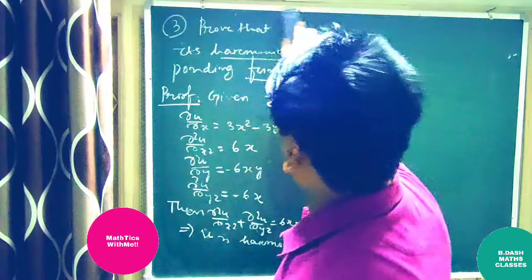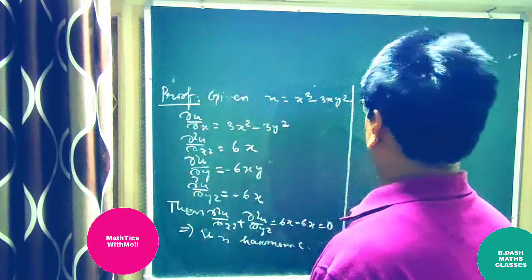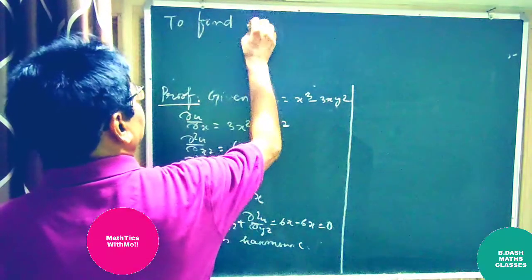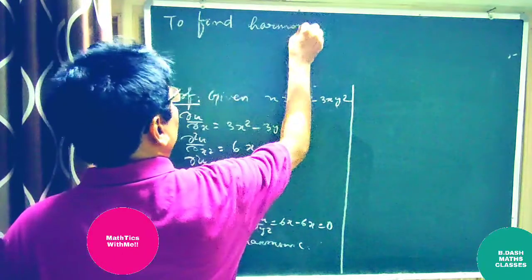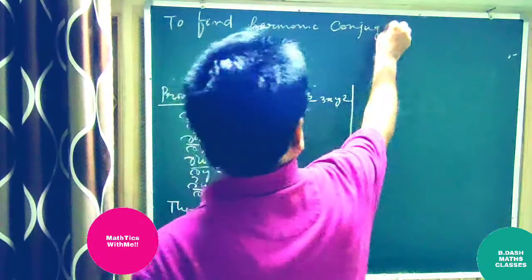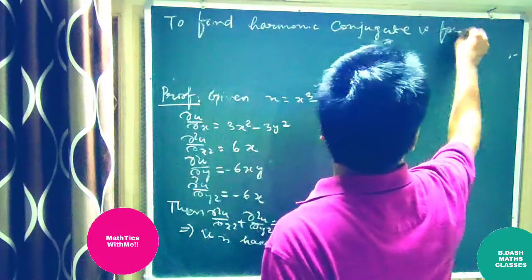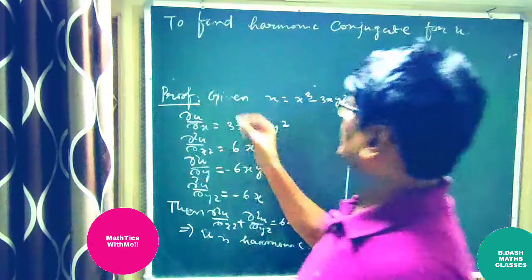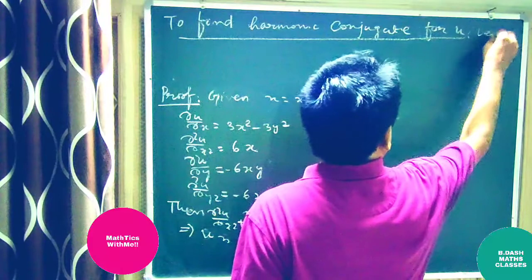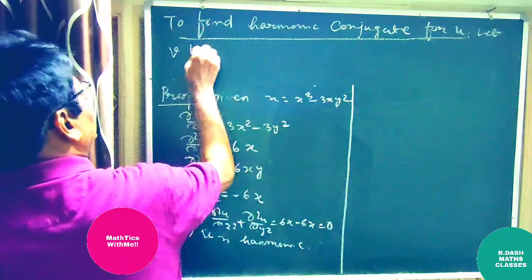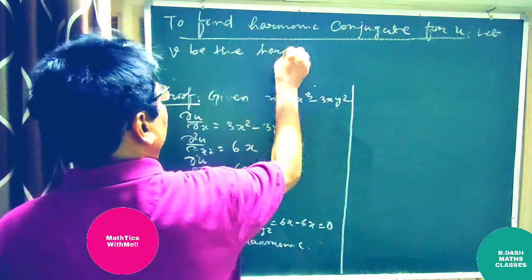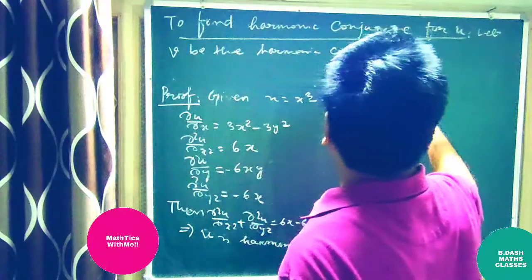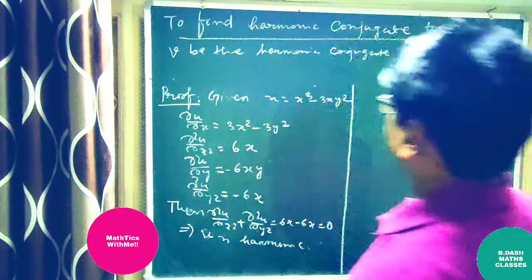To find the harmonic conjugate V for u, let V be the harmonic conjugate of u.